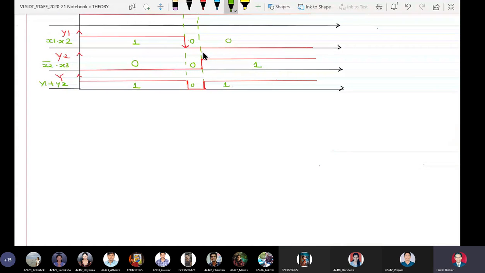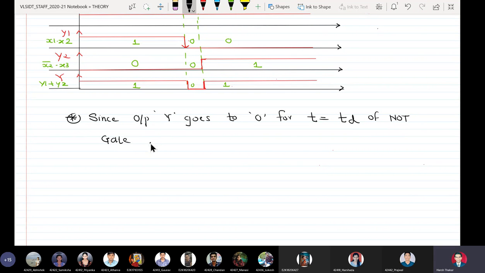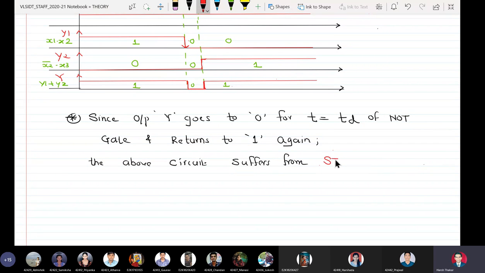So we conclude that since output y goes to 0 for t equal to the propagation delay of the NOT gate and returns to 1 again, the above circuit suffers from static 1 hazard.